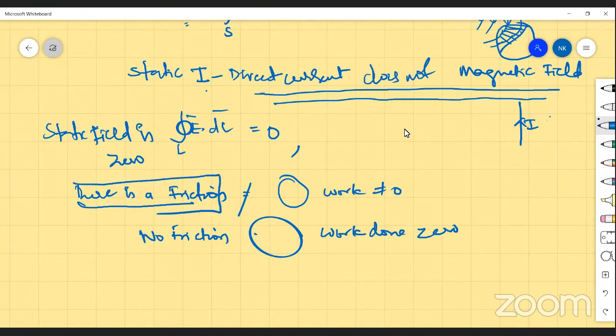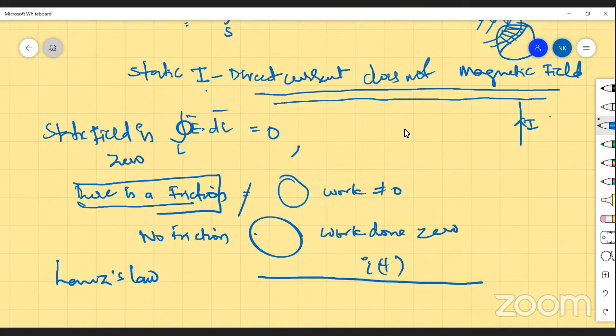So here what happens? According to Lenz's law, whenever a current I of t is flowing through a conductor, a magnetic field is generated. That magnetic field again induces EMF.